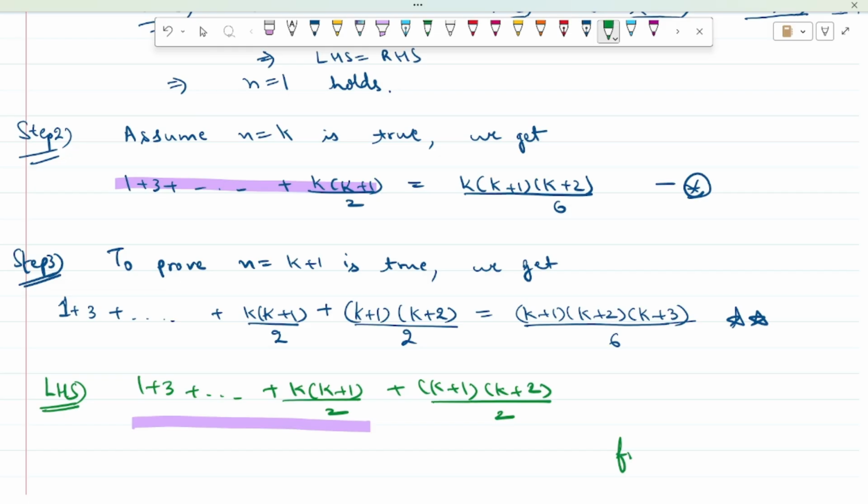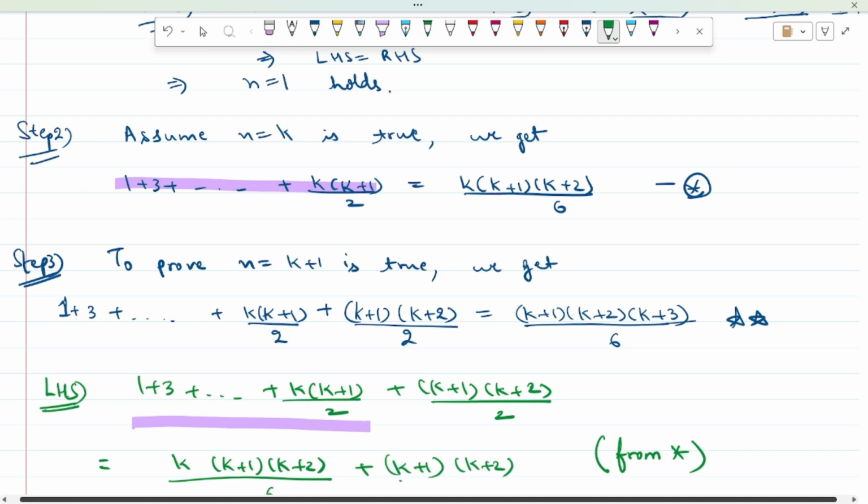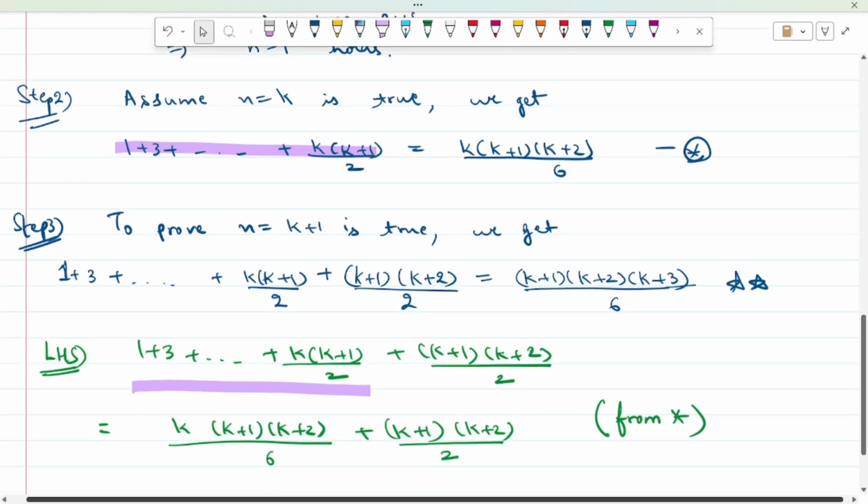From star, from this asterisk one, what we are getting is k plus 1, k plus 2 over 6, plus k plus 1, k plus 2 over 2.